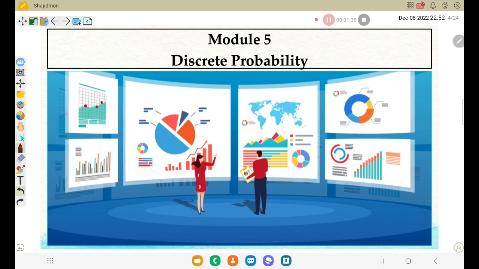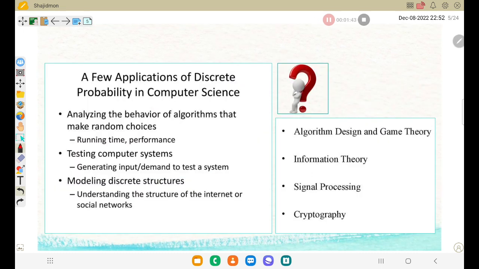In module 5, discrete probability, let's first see some of the applications. It is a topic from statistics. A few applications of discrete probability in computer science: analyzing the behavior of algorithms that make random choices, for example running time and performance. Testing computer systems, generating random input to test a system.